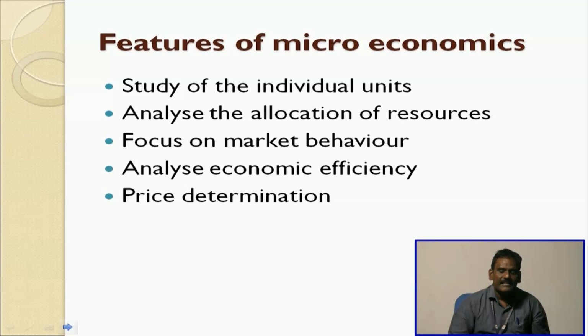The second one is analyzing the allocation of resources. What resources are available in the organization or in the household, and how are those resources effectively utilized? We have an income, so how is that income allocated among the various expenses? How much do we distribute to savings, how much to the monthly expenses to meet the necessities, and what are we going to purchase?